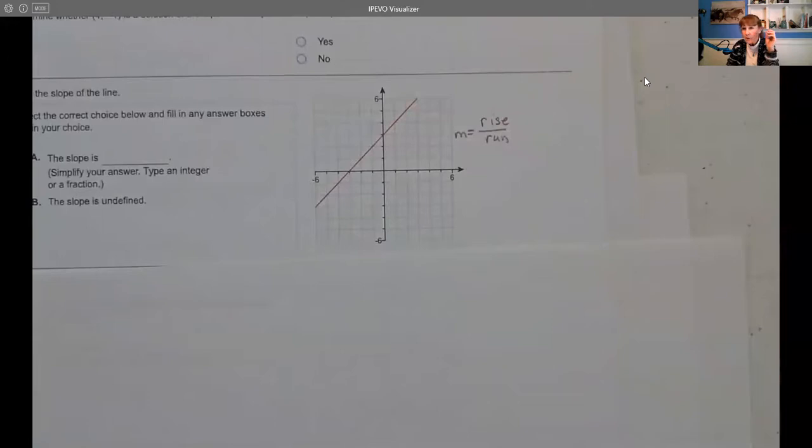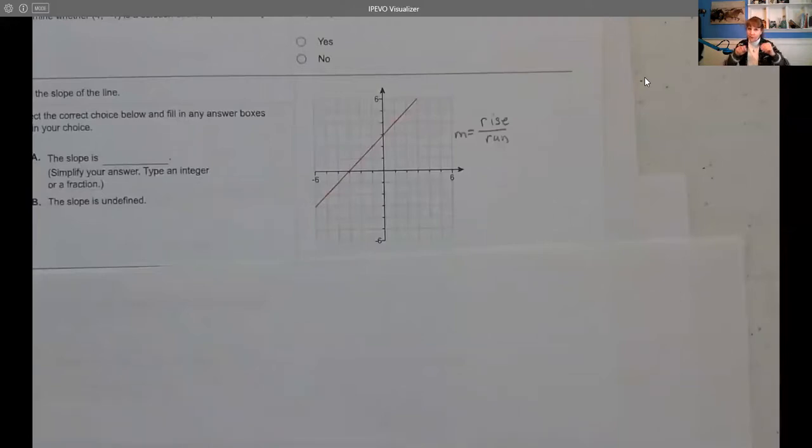And if the ratio happens to be like 3/1 or 4/1 or 10/1, just do the 3, the 4, or the 10. You don't necessarily need that bottom number until we go from the equation to graph, and then you'll want that bottom 1. But if they ask you for the slope, you don't necessarily have to put that bottom 1 in. But when we're graphing, we will want it.